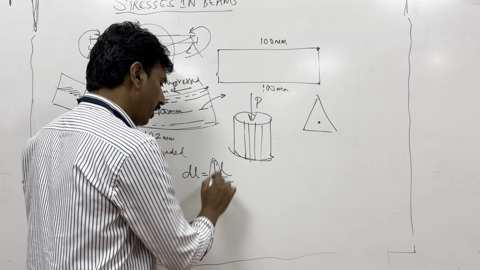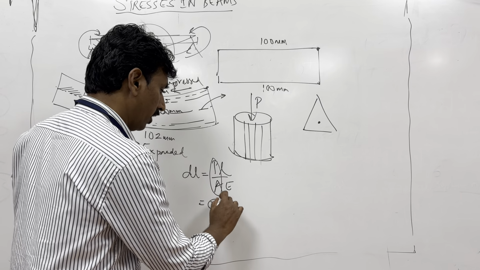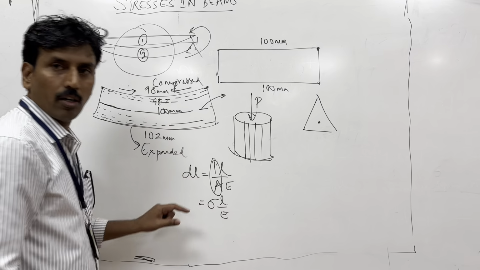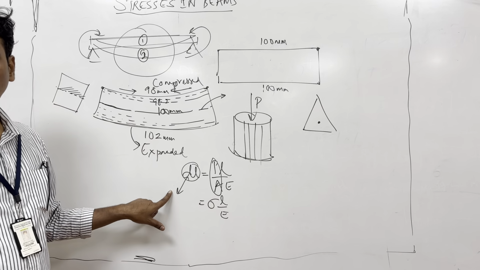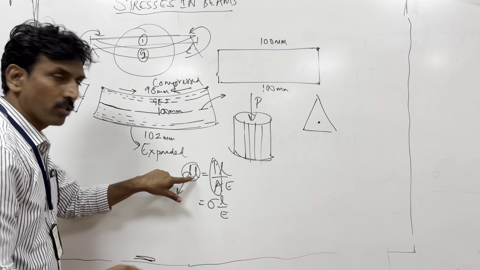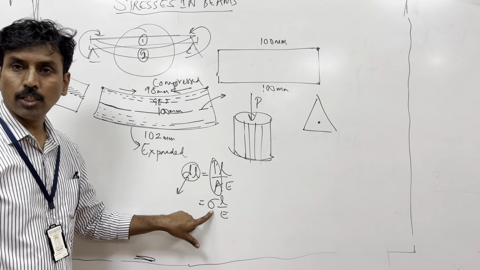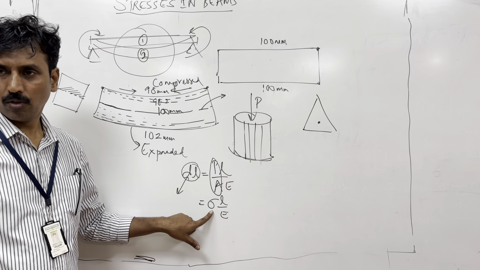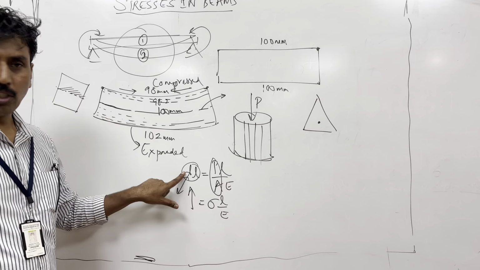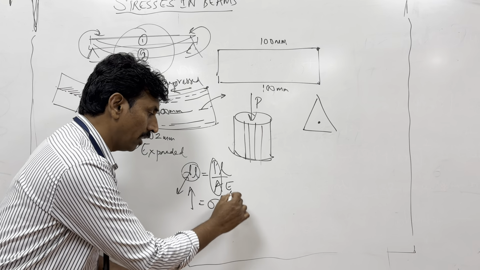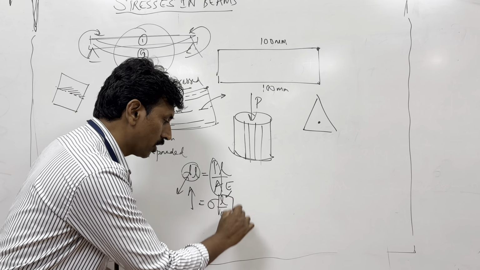Now this P by A can be written as sigma, and this can be written like this. So you can introduce this as the deformed length. If you are trying to induce some deformation, the stress induced will be given by this equation. Okay. Now the more the deformation, the more the change in length. So that means the original length is the same, Young's modulus is the same, this is constant.